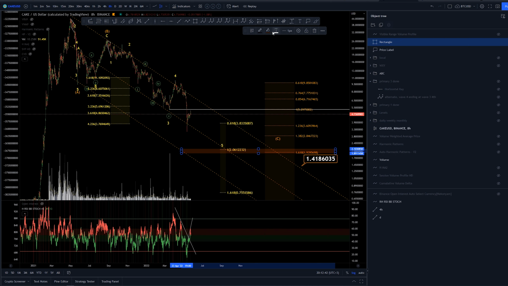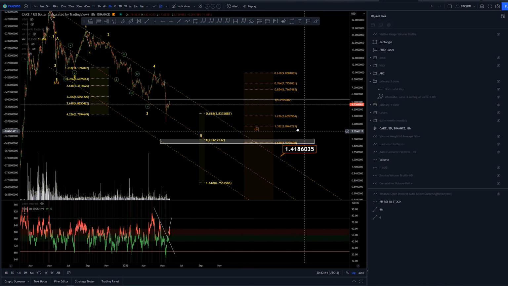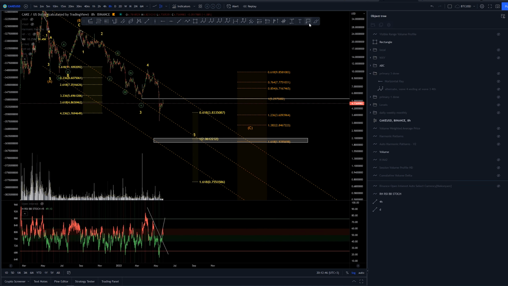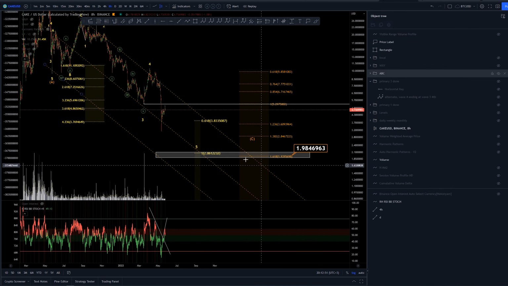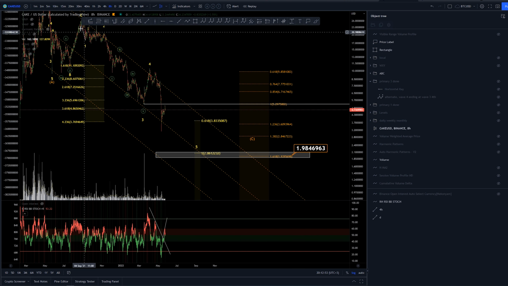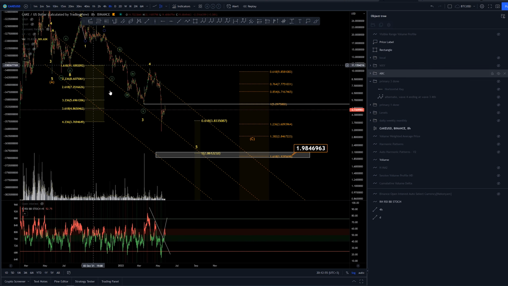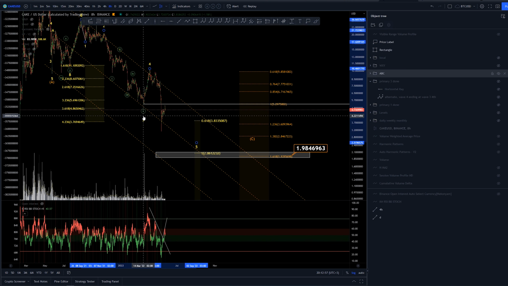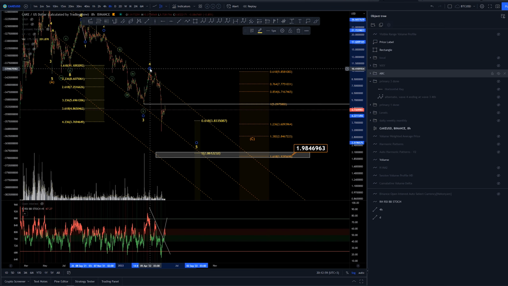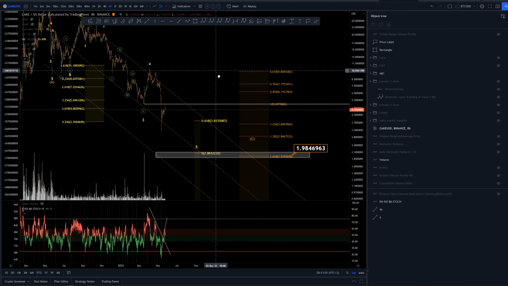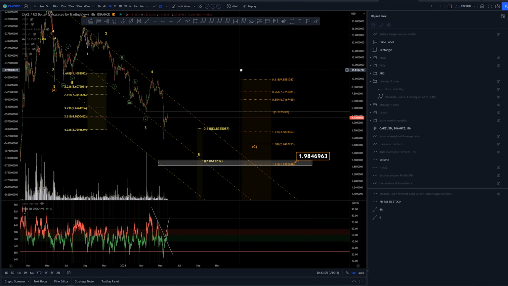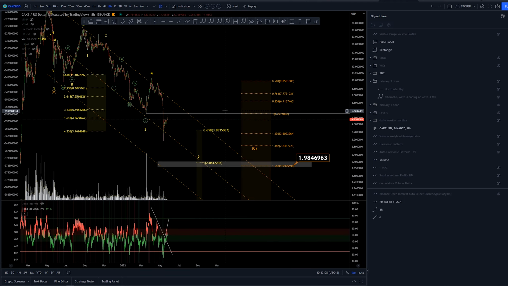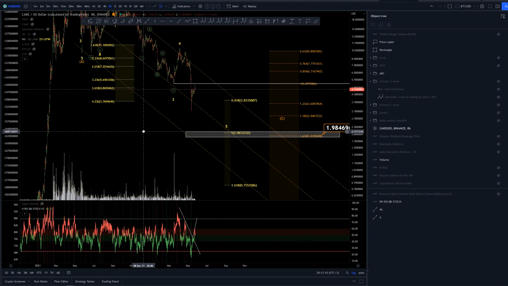This box, let me highlight it, is around $1 or $2, right around there. It's a 1-to-1 extension of the 0 to 3 wave to wave 5, and also 1.618 of the first leg of this A for the C wave. So there's some confluence to it, but we'll see if that holds.